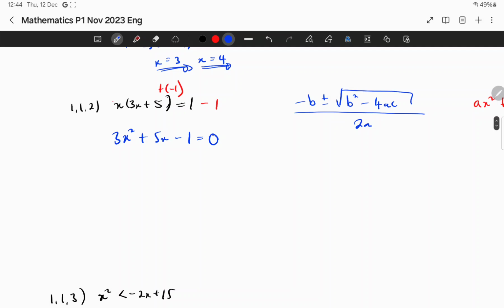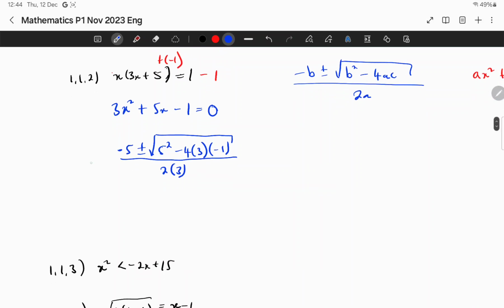That's the form you're applying the quadratic formula to. Now let's write that down here. Negative 5 plus or minus the root of 5 squared minus 4 times 3 times negative 1, all over 2 times 3.